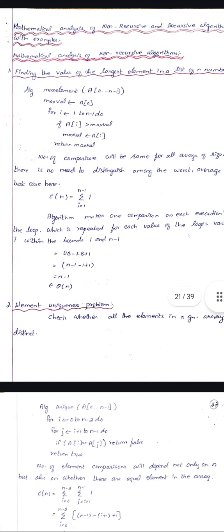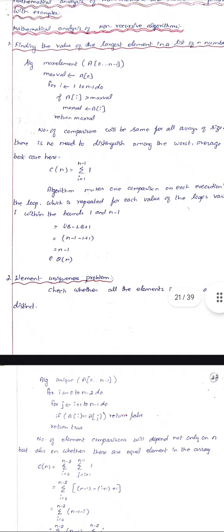Mathematical analysis of non-recursive and recursive algorithms with examples. First, non-recursive algorithms: finding the value of the largest element in a list. For max element of a list, max value equals a of 0. For I from 1 to n minus 1 do, if a of I is greater than max value, max value equals a of I. At the end return max value.